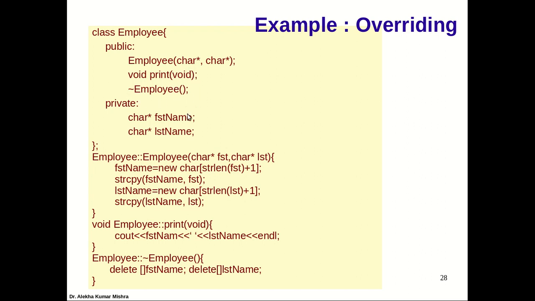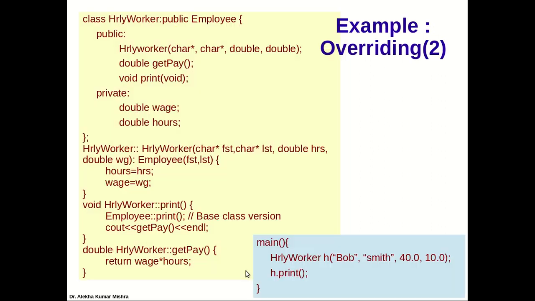The parameterized constructor allocates memory for the first name and copies the name provided in the first parameter fst to fst name. Similarly, it allocates memory for the last name and copies the data provided in lst to lst name, and prints the first name and last name separated by a space. The destructor deletes the data. This is the base class.